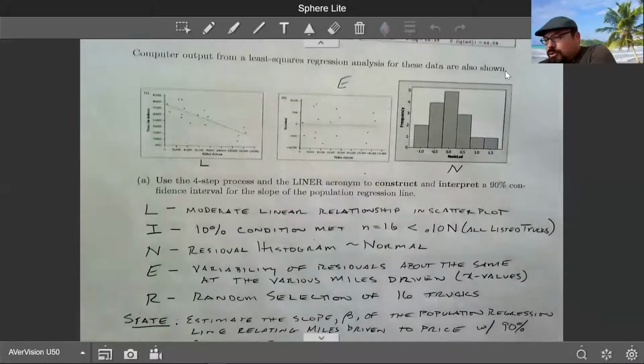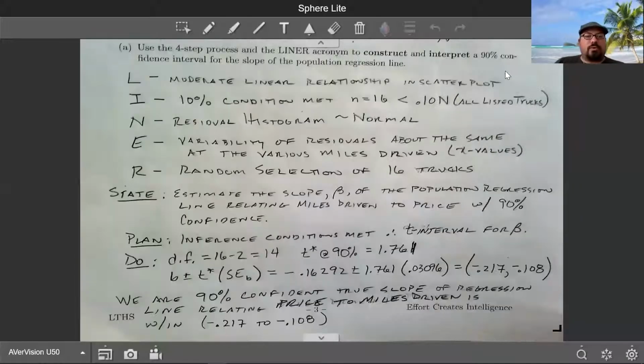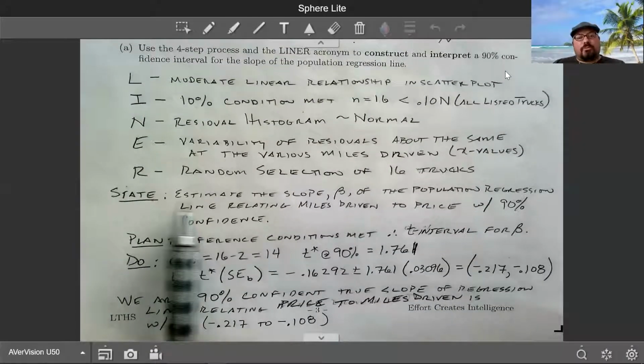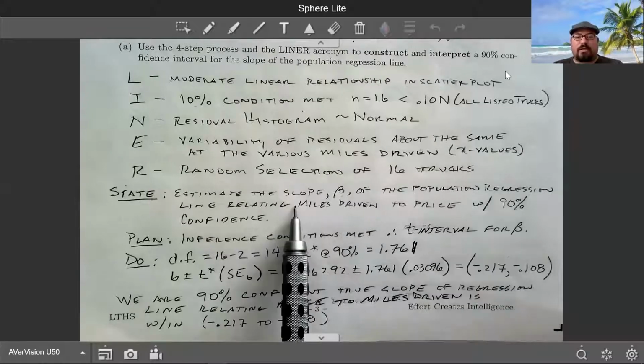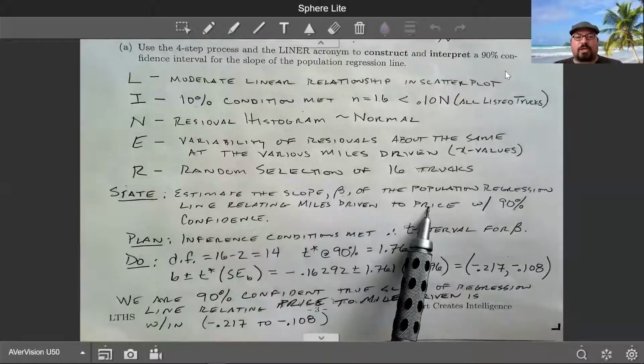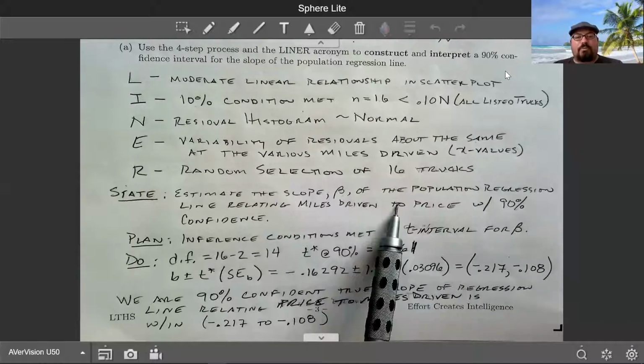Okay, so our 4-step process. What's our 4-step process? Well, we need a state. We are looking to estimate the slope beta of the population regression line relating miles driven to price. What we're saying is miles driven is going to affect our price.